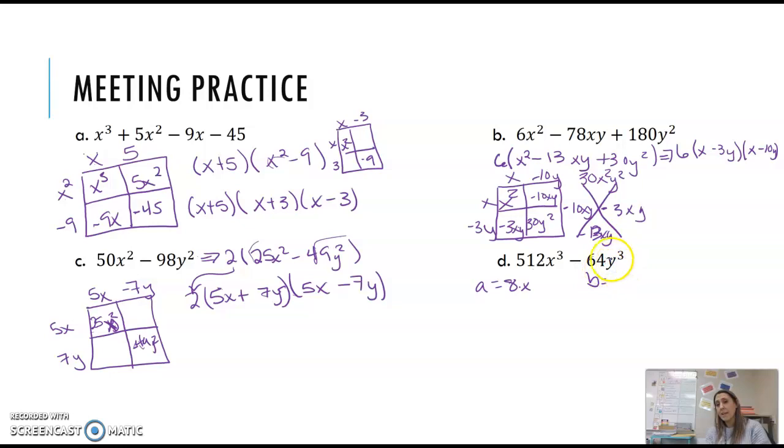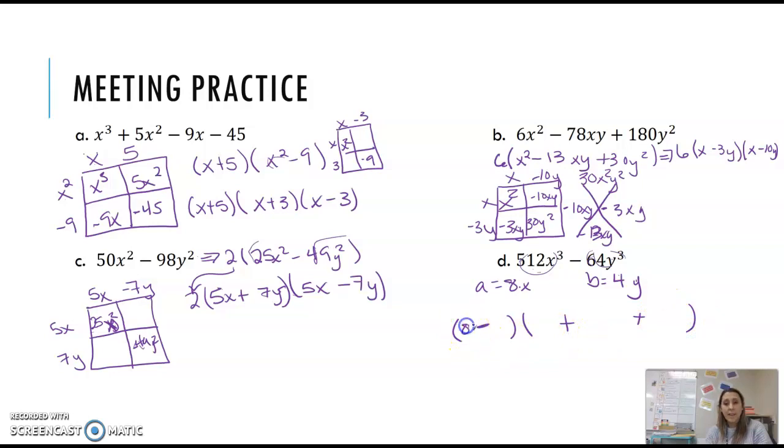And then my B. So when the terms are together, notice that terms are separated by pluses and minuses. So this whole thing needs to be my A, and this whole thing is going to be my B. And the cube root of 64 is 4, and the cube root of y cubed is y. So then I'm going to do my parentheses, same sign, opposite sign, and then this one is always positive.